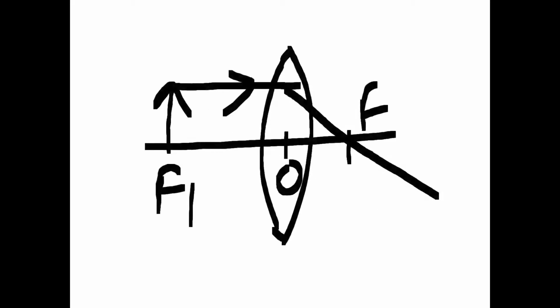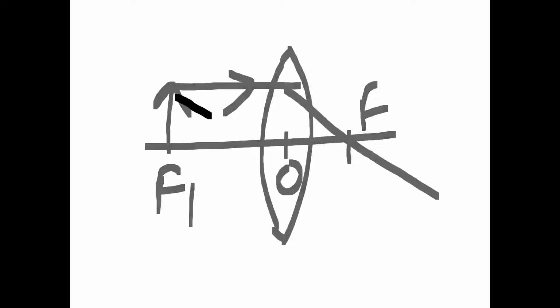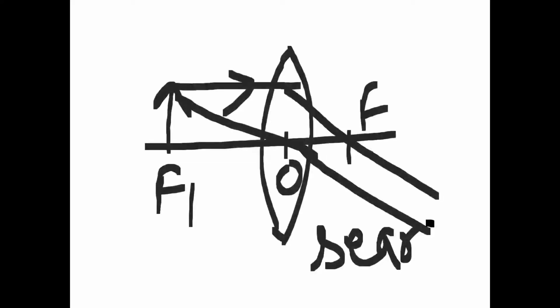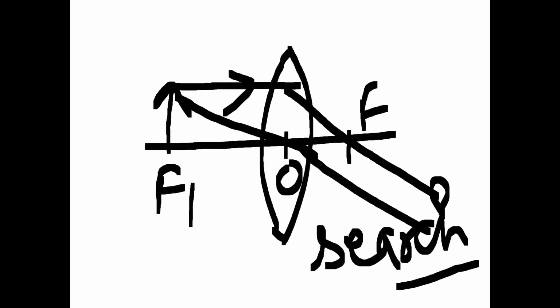You just erase it once, draw it once again, so that it can be parallel, right? So these rays will not meet, and meet only at infinity. So image will be formed at infinity, and it is used in the searchlight also. This is again an important use. This kind of image can be found in the searchlights.